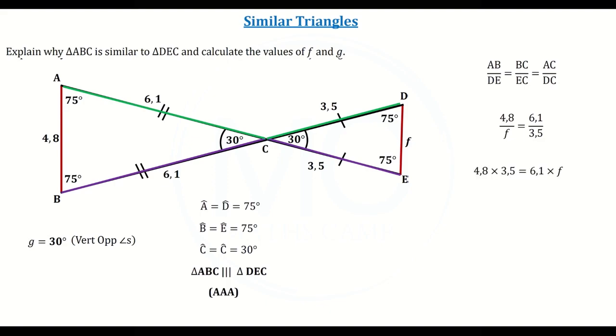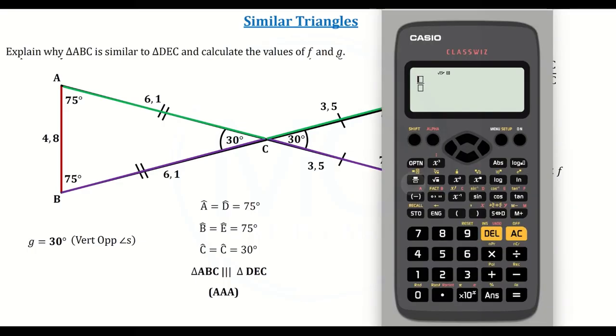To get f by itself, let's divide both sides by 6,1. And we have 4,8 multiplied by 3,5 all over 6,1 is equal to f. Now we can take our calculator. Let's put in a fraction.